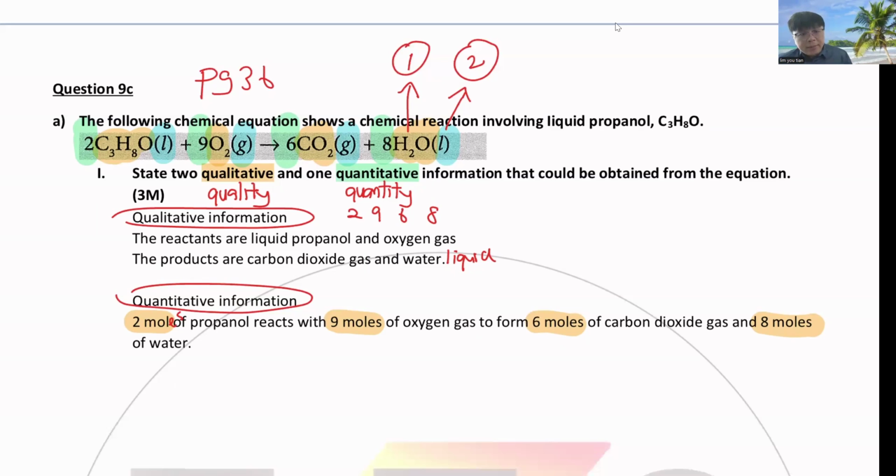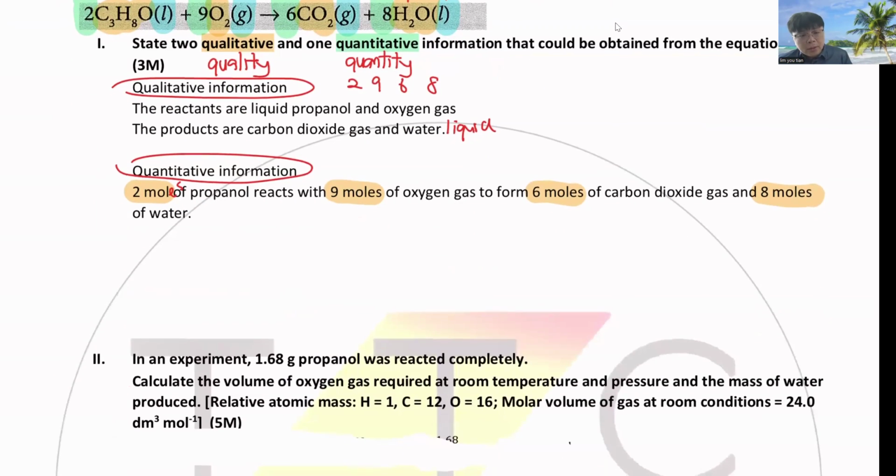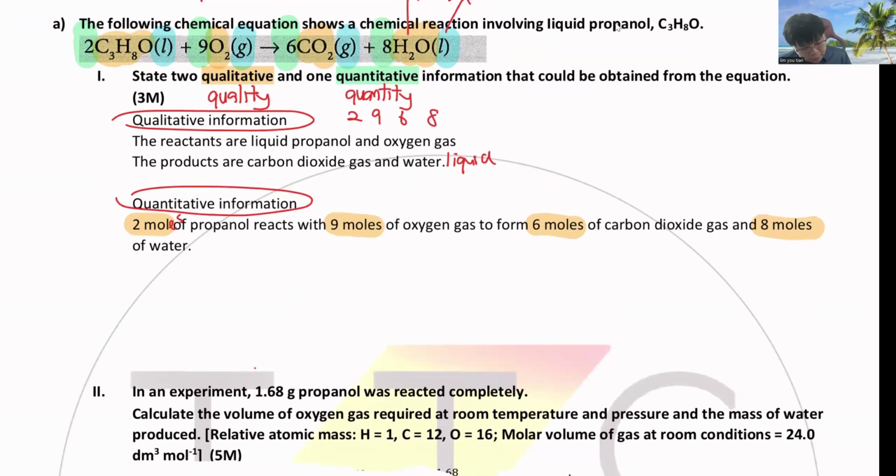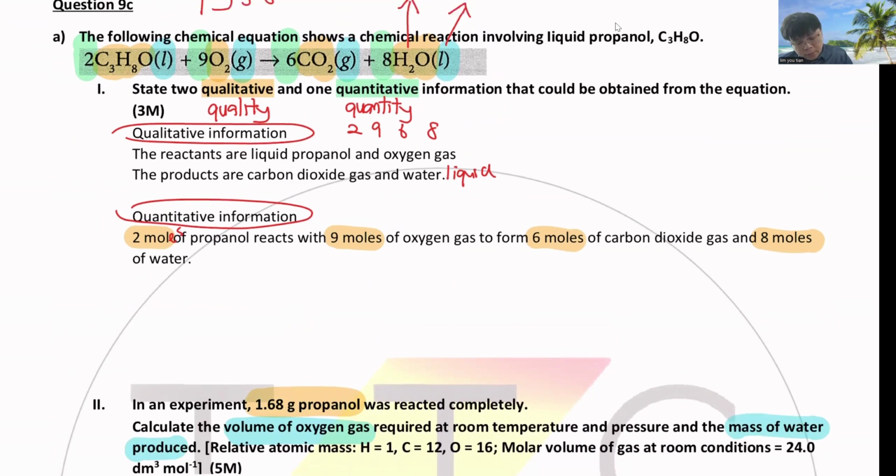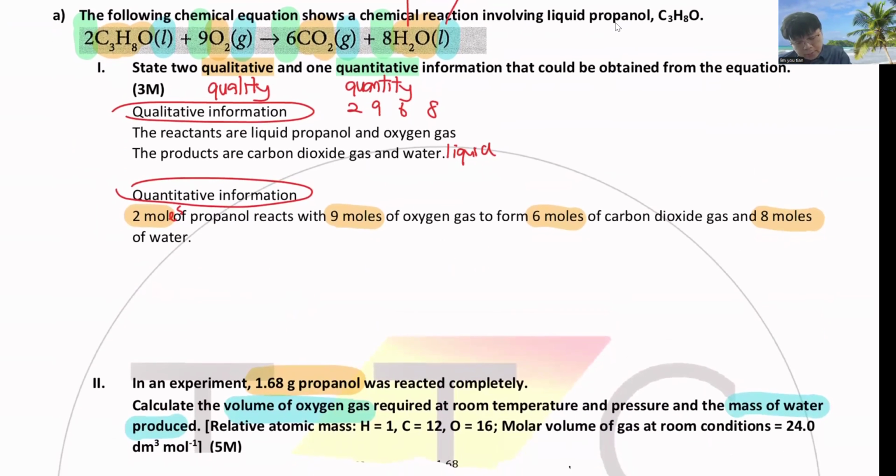Okay, now after that, if a structured question comes out, they'll follow with the calculation. So now they give you this much of propanol that I want to burn. Then they'll need you to calculate how many mole of oxygen gas is needed and what mass of water is produced. So this is the question they ask.